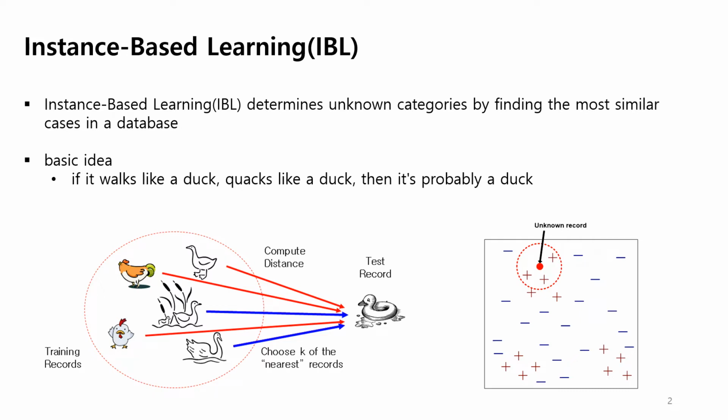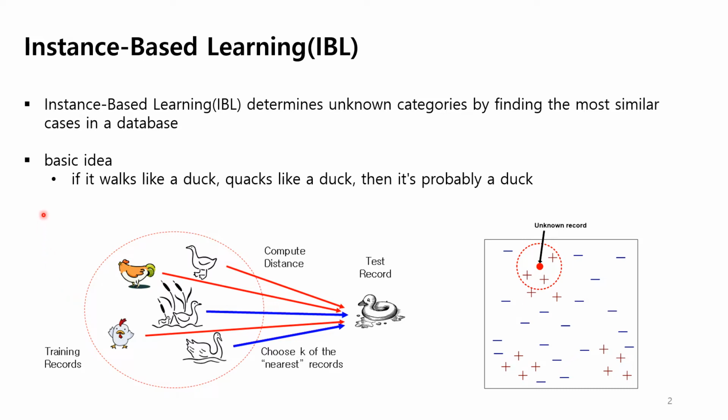Okay, and then based on the target values of the similar data, you make a decision. So that's the basic idea of instance-based learning. So the algorithm is quite straightforward and simple.